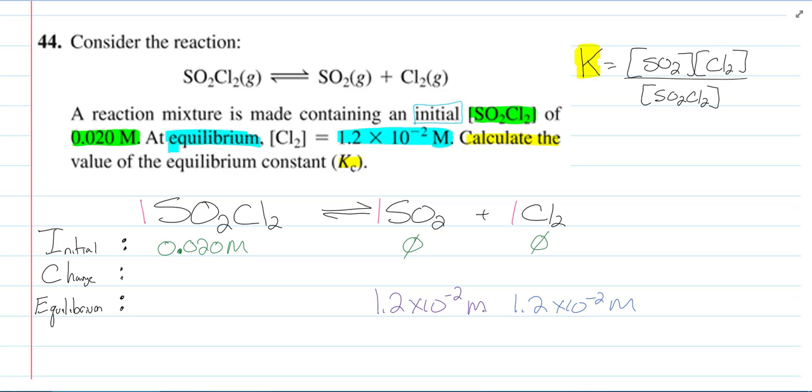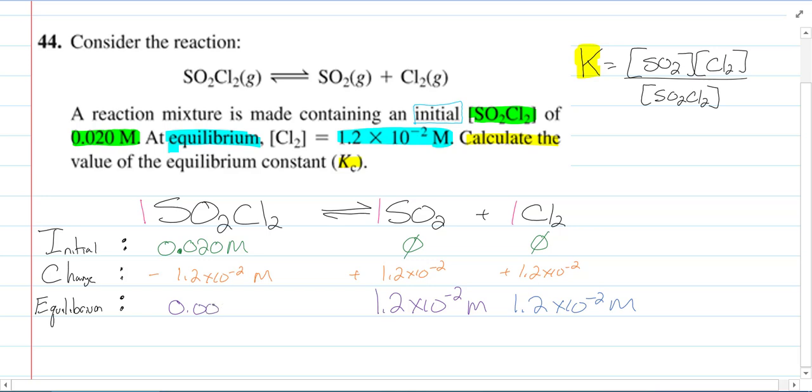That means the change had to be plus 1.2 times 10 to the minus 2 molar, plus 1.2 times 10 to the negative 2 molar, which means we subtract 1.2 times 10 to the negative 2 molar from SO2Cl2 because that's how much reacted. So at equilibrium, 0.020 minus 1.2 times 10 to the negative 2 gives us 0.0080 molar.